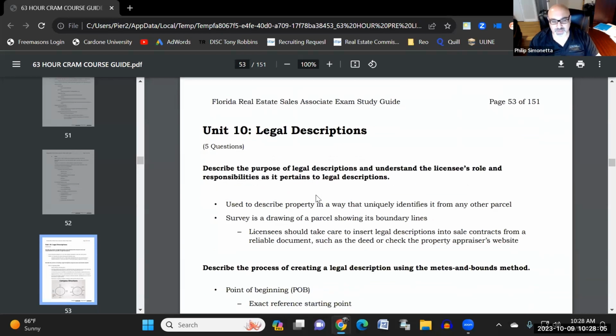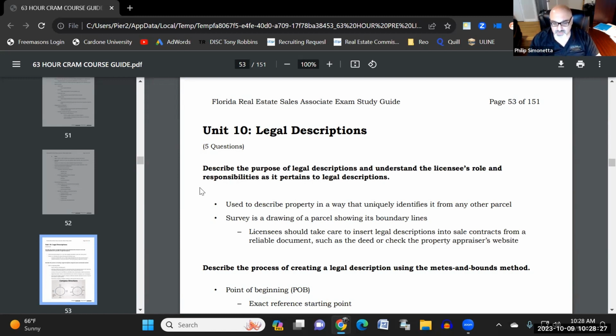So what you need to know in this section: you have to be able to describe the purpose of legal descriptions and understand the licensee's role and responsibilities as it pertains to them. They are used to describe the property in a way that uniquely identifies it from any other parcel.